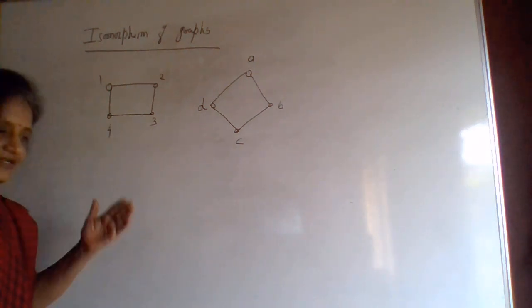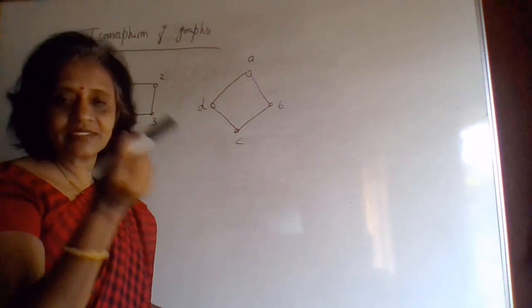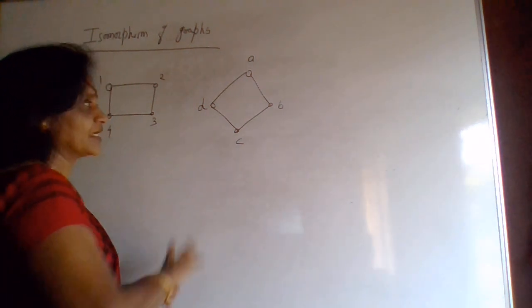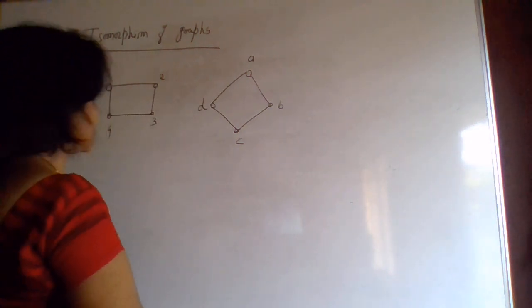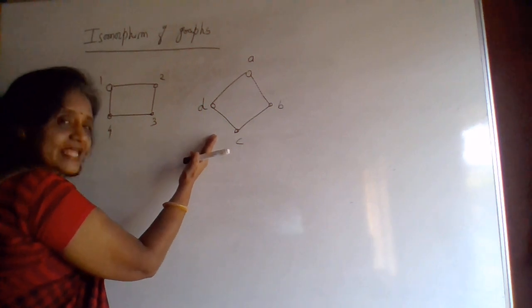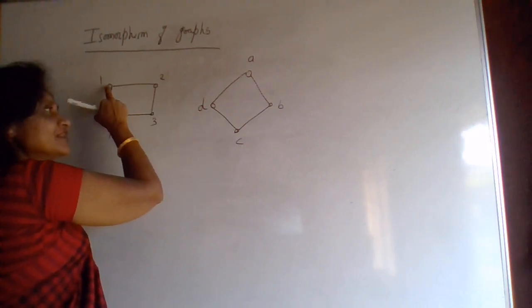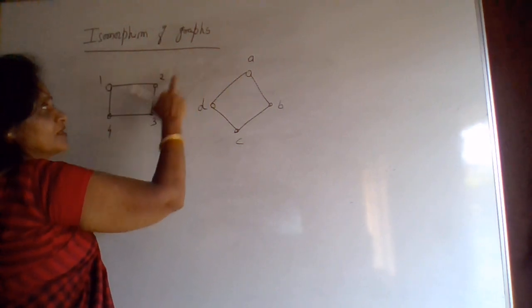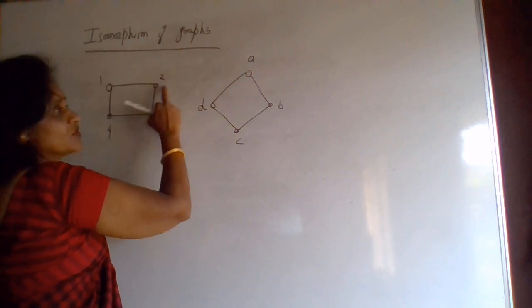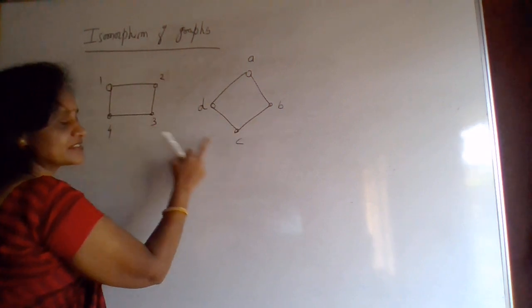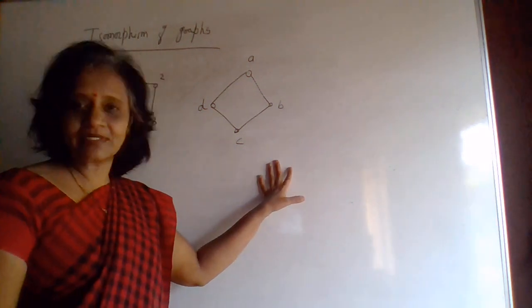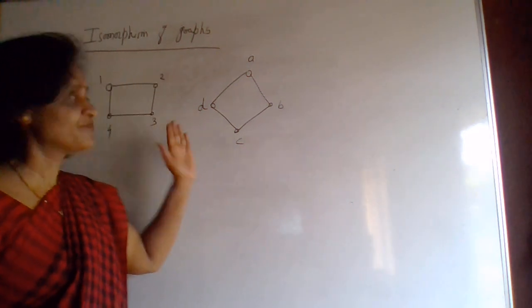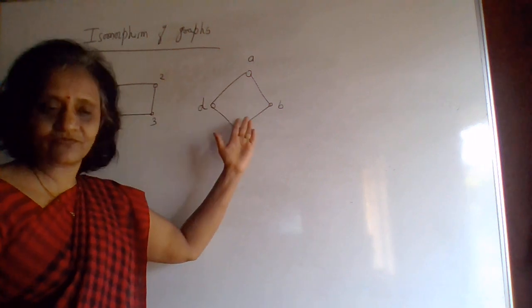So forget isomorphism, or for a minute forget mathematics. In general, if these two sketches are in front of you, what will you say? They are the same. Only instead of 1, I have written A. Means 1 is the same as A, 2 is the same as B, 3 is the same as C, etc. Let's put this mathematically, and that is the isomorphism. So these two graphs are isomorphic.